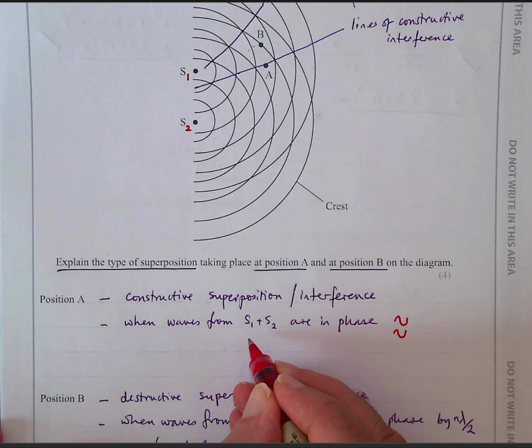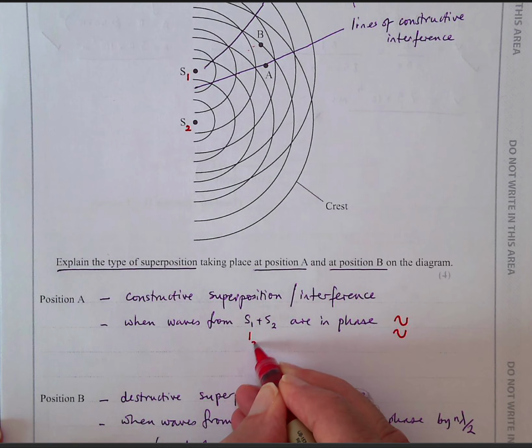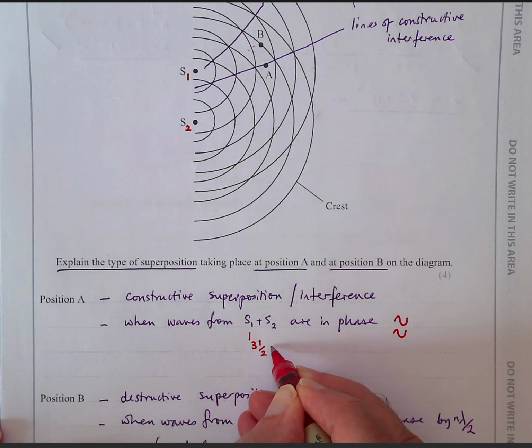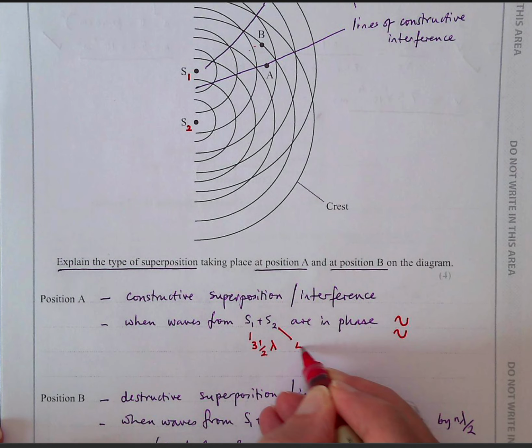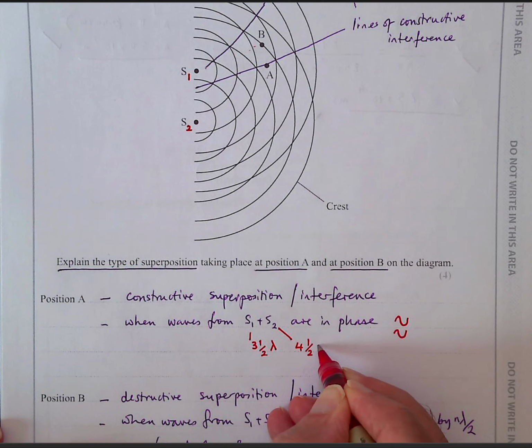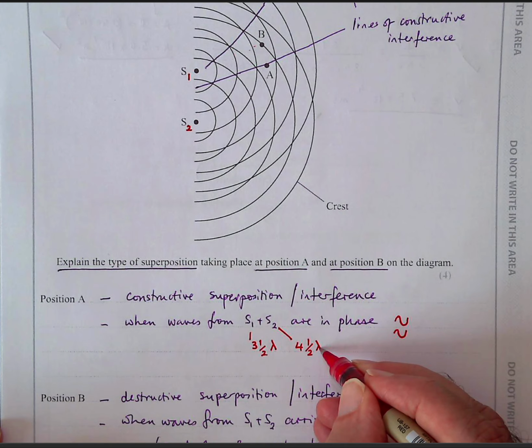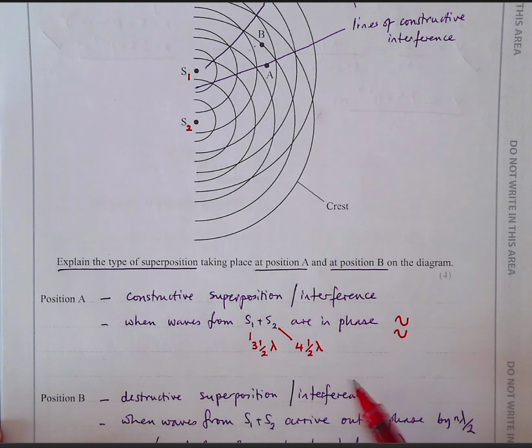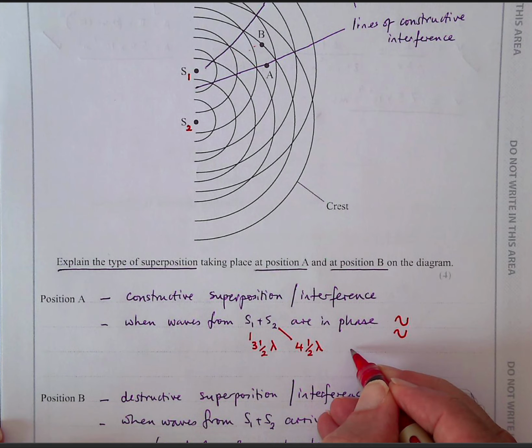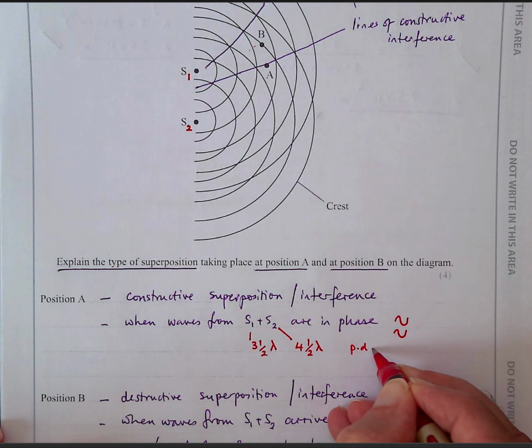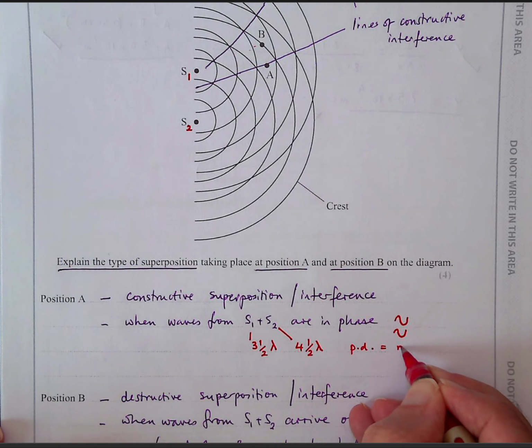So from S1 it was 3.5 waves, and from S2 it is 4.5 waves, or wavelengths, that have passed. So these are in phase because the path difference is equal to a full number of wavelengths.